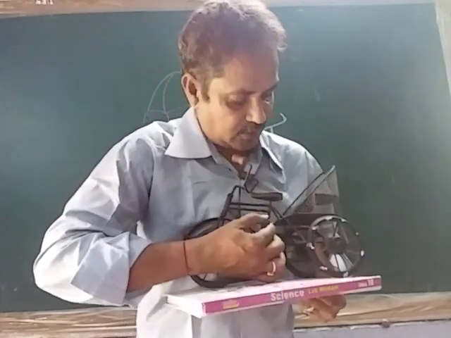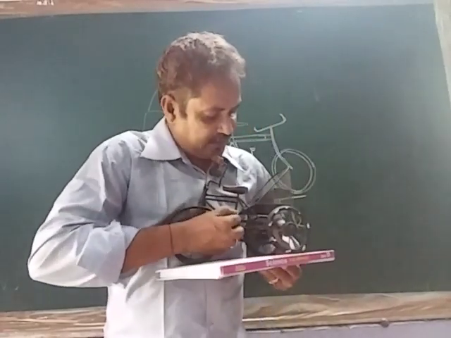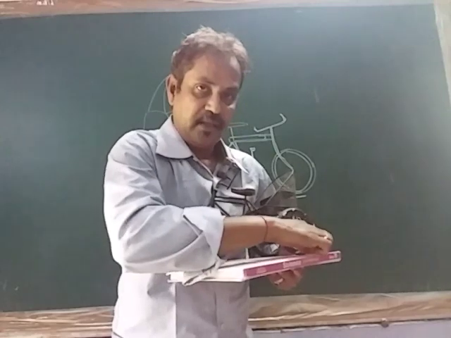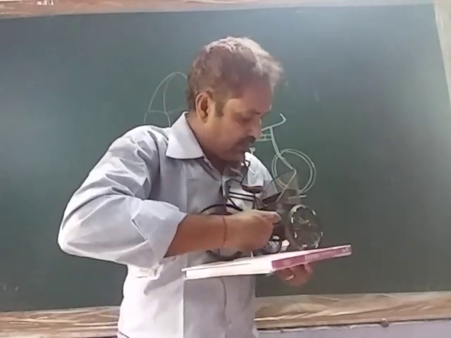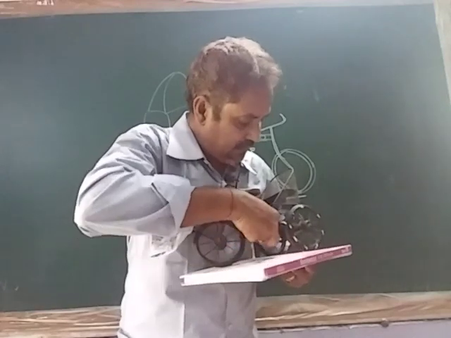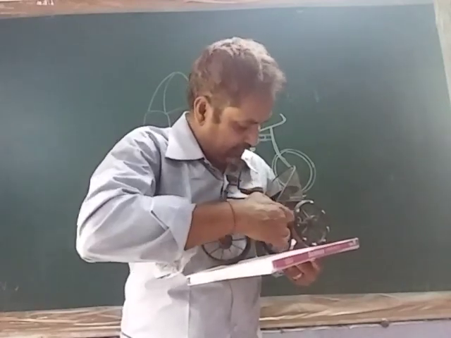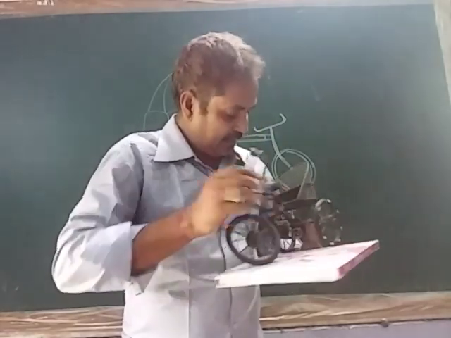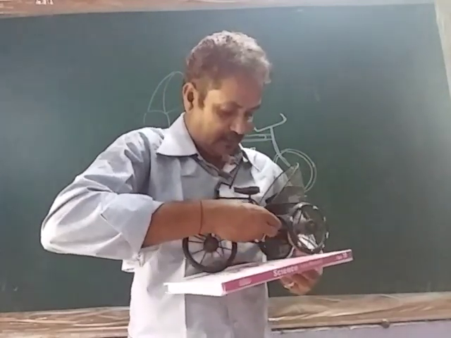you can see the white dots, and the white dots have a tendency to move in this direction, in backward direction. So obviously when I rotate this paddle wheel, it is attached to the chain, and this chain is attached to the rear wheels, and the gear of the rear wheels I am simultaneously rotating.